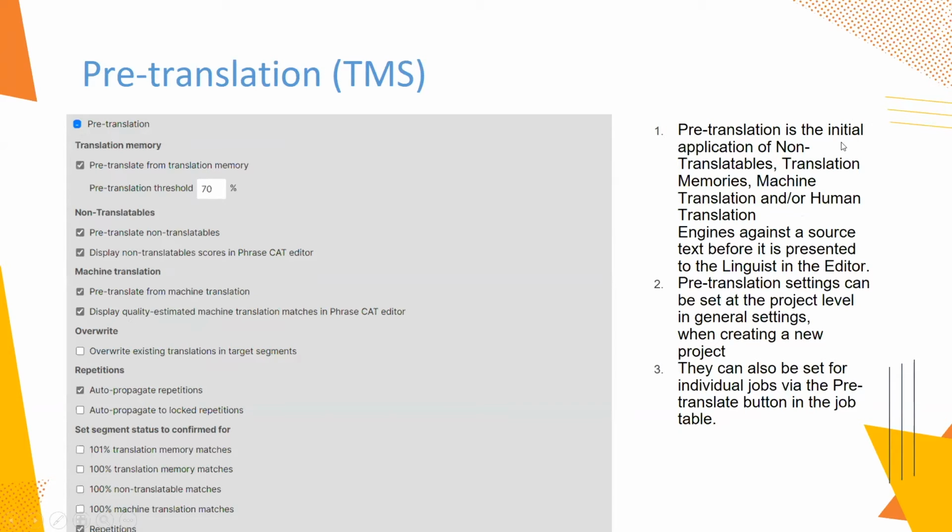Usually I will leave it as default. So pre-translation is the initial application of non-translatable translation memories, machine translation, or even human translation engines against a source text before it is presented to us in the editor. So this step will be applied first.